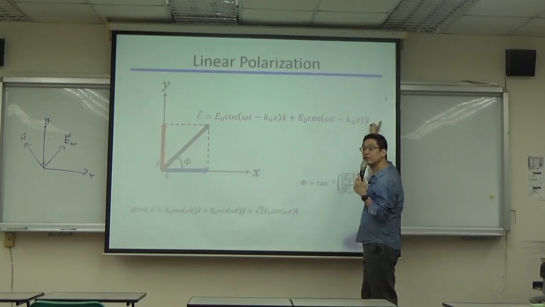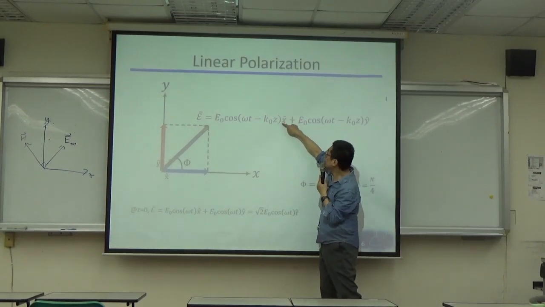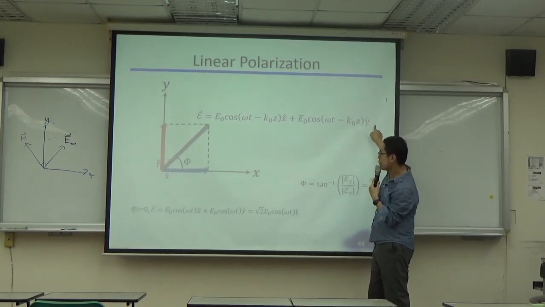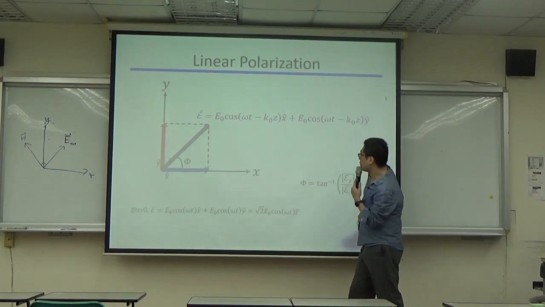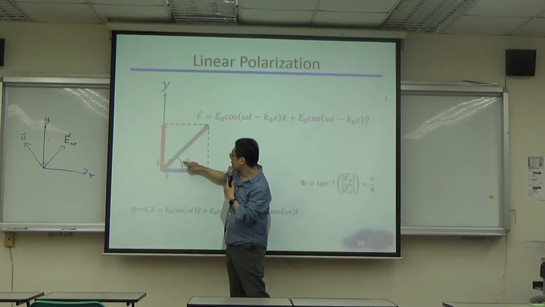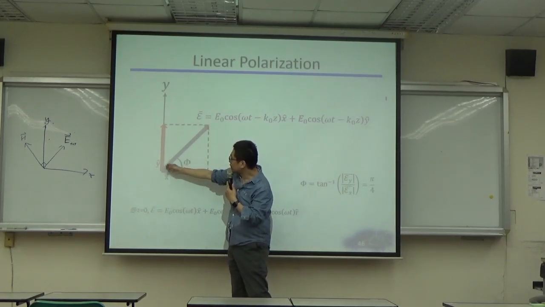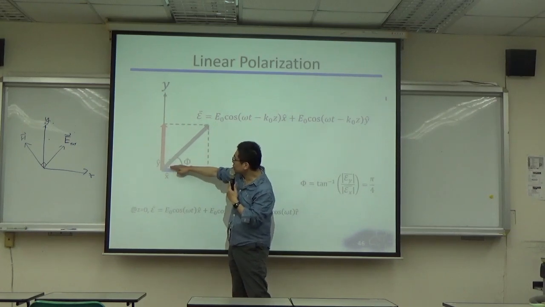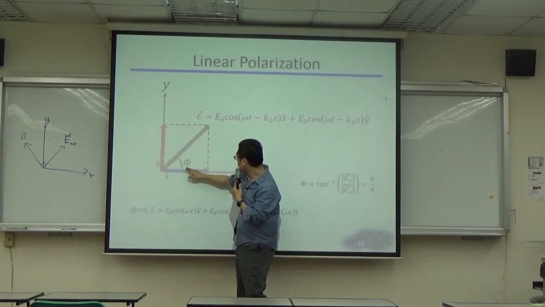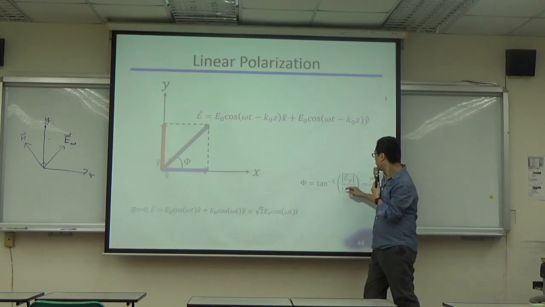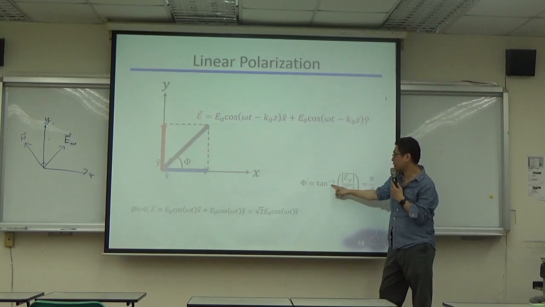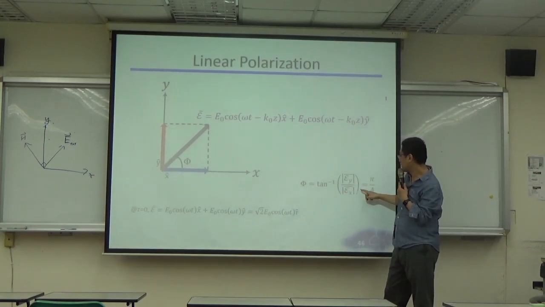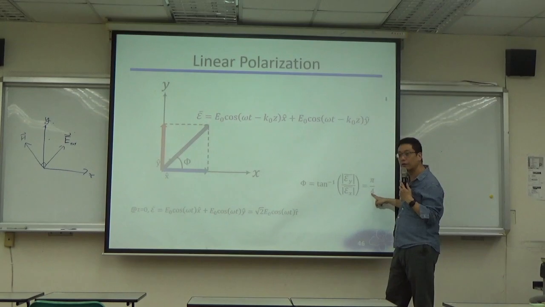Because they are different, you have an X component and a Y component. And there is an angle from the final electric field to X. This angle is because they are the same, so arctangent 1 equals pi over 4.